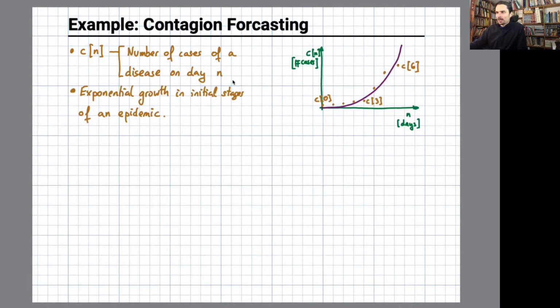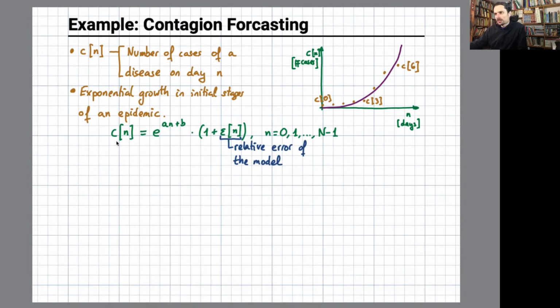And as we know, the growth of this number is typically modeled as an exponential function. The reason is that if each person transmits the disease to 2 people, then those 2 people transmit it to 2 people each, therefore 4 people, and so on.